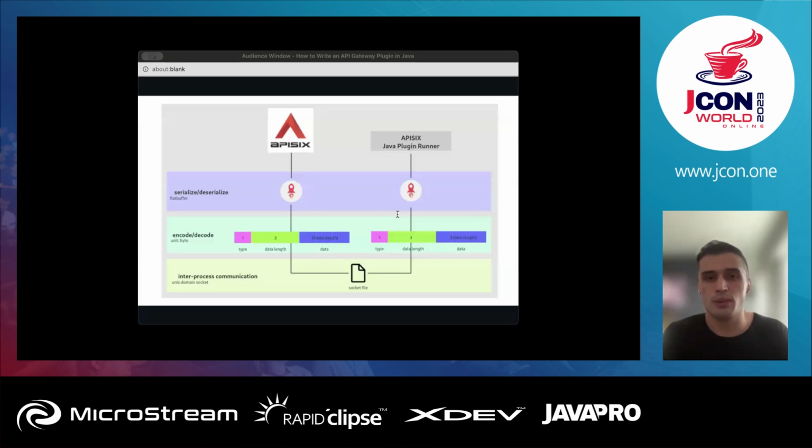So, for example, when they send data to the Java plugin runner, it always looks for the information inside the socket files, which is very fast. In practice it works very fast.